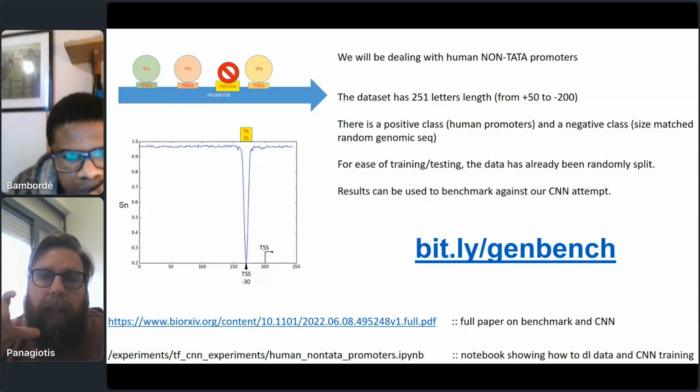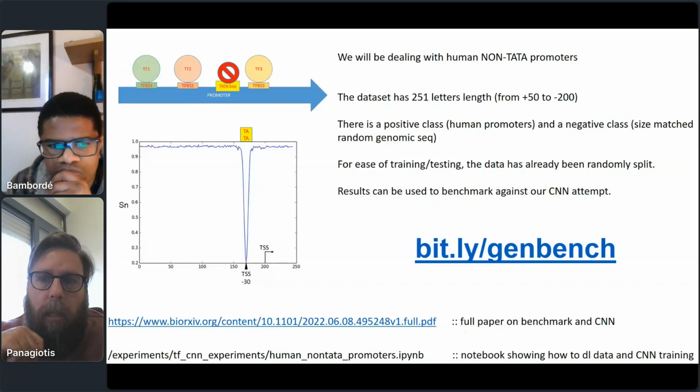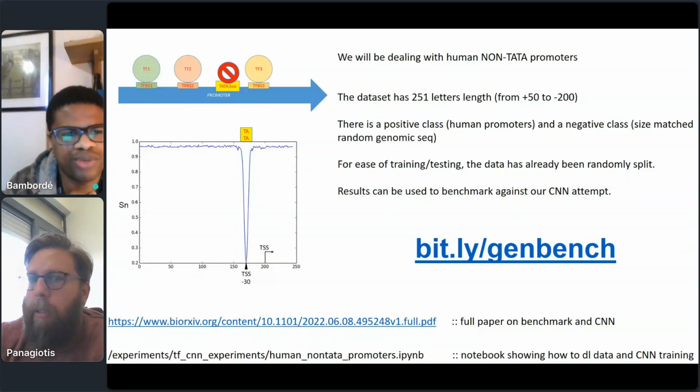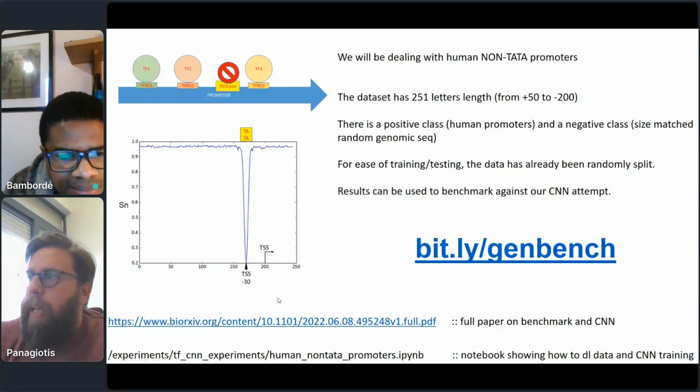No, it was a pretty shallow convolutional neural network. If you go to the bioRxiv paper, it's there. I think we have the link to it from the abstract as well. Yeah, exactly, it's also in the abstract.